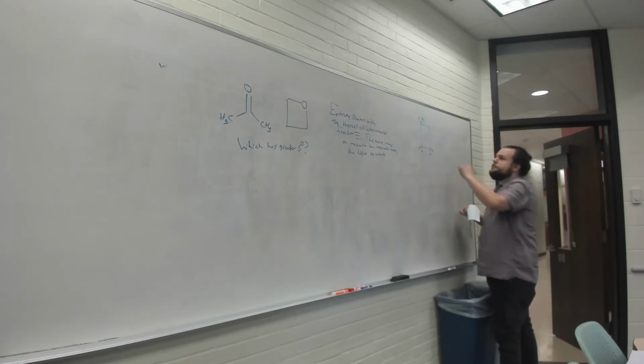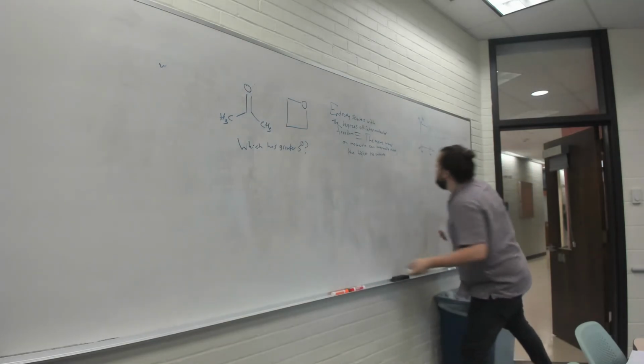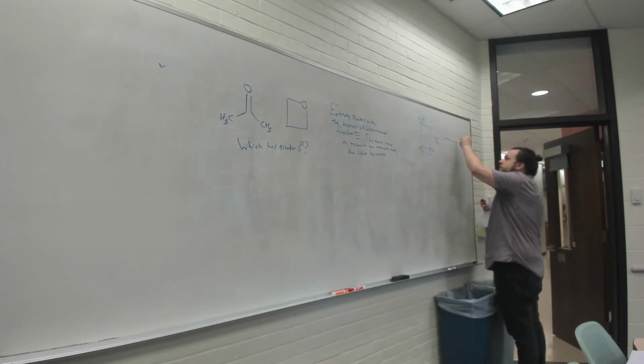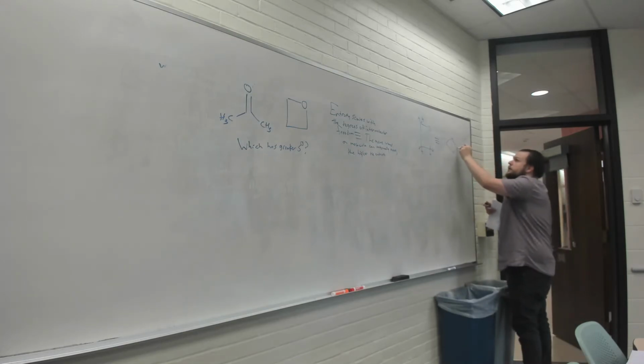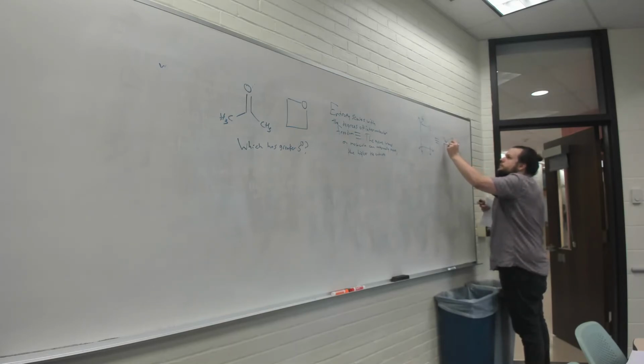If you think of this, maybe this isn't the correct structure of it, but maybe you can think of this as, let me see if I can draw this. A flat plane where you have a hydrogen pointing up and a hydrogen pointing down. Like a square. It doesn't actually look like this, but it looks roughly like this.